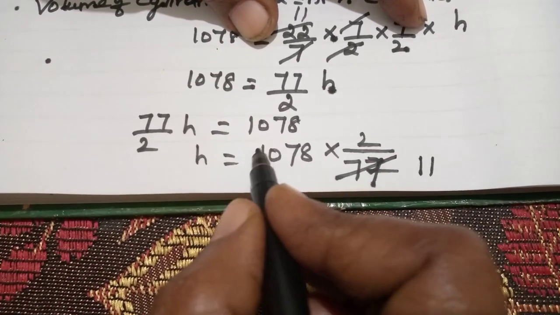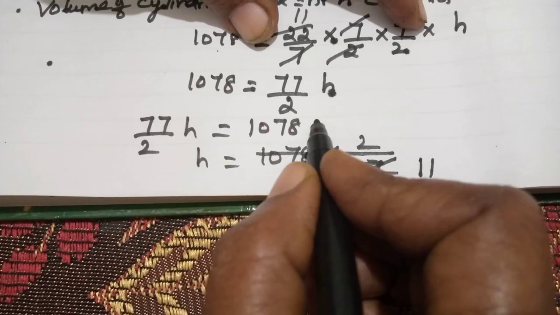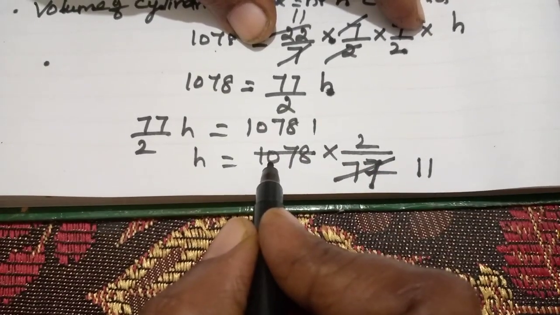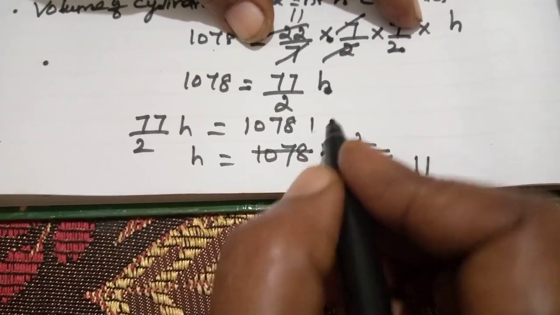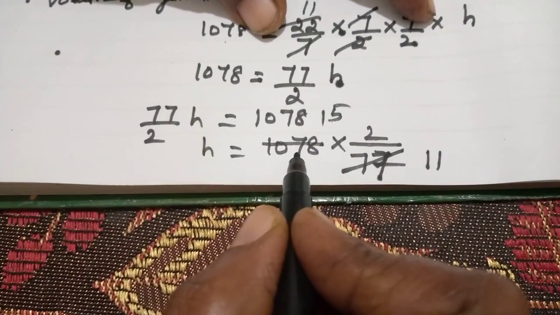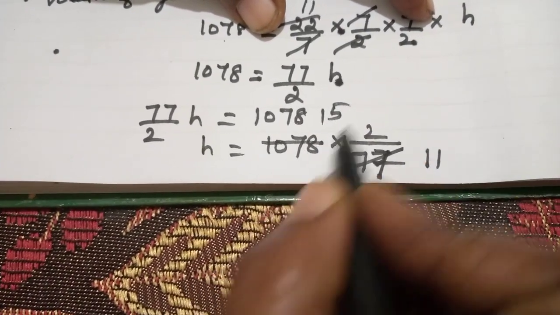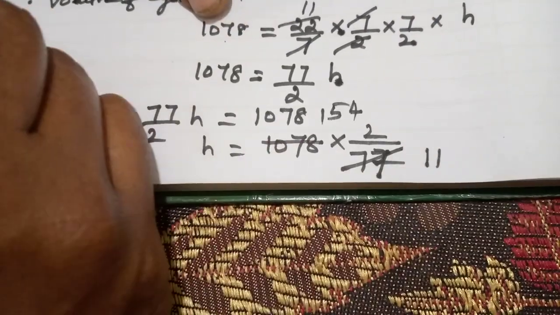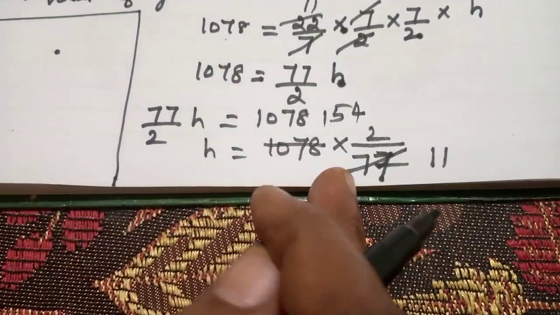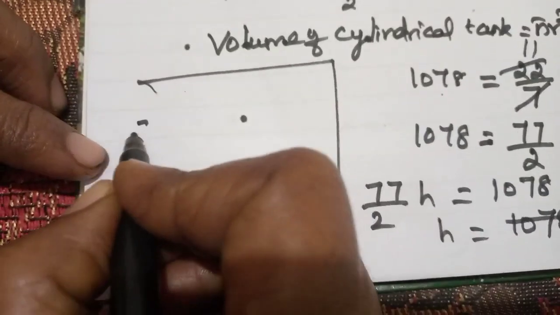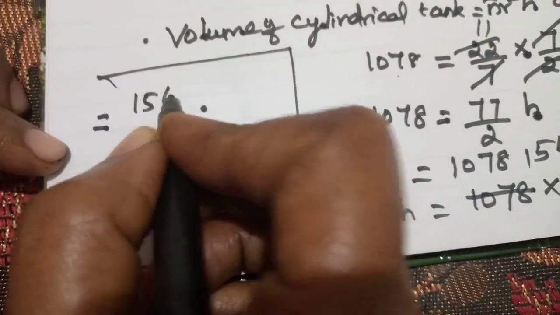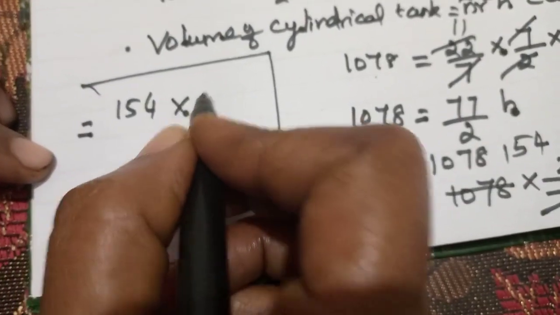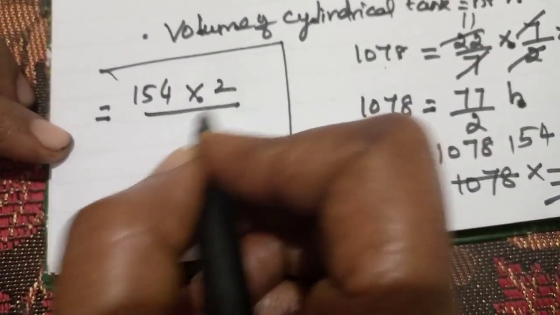Here also let us divide. 1, 7 is 7. 3 balance 37. 5, 7 is 35. 2 balance 28. 4, 7 is 28. Which is equal to, remaining we have 154 into 2 by 11.